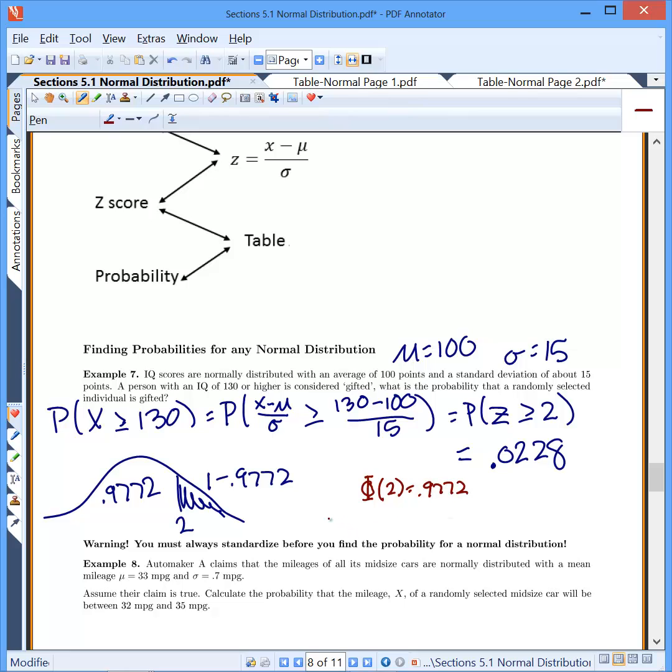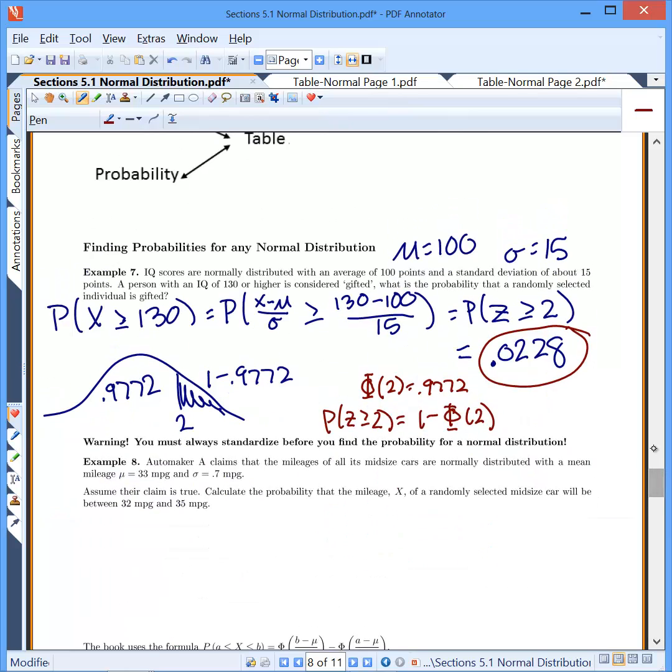So lots of times they'll write that the probability that z is greater than or equal to 2 is just 1 minus phi evaluated at 2. So that is just some alternate notation, but our final answer was 0.0228. And just make sure before you try and find any probability for normal distribution that you standardize.